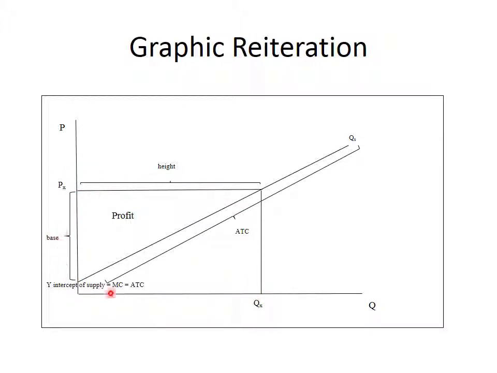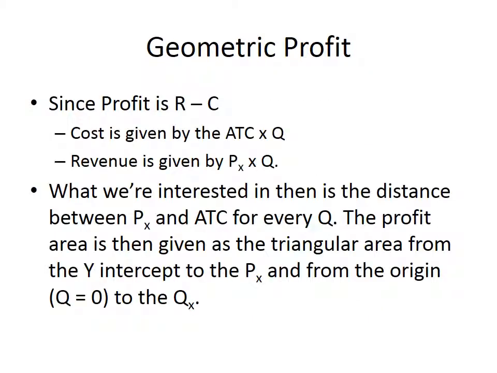Given that entire revenue, this is our cost, the area below the average total cost curve, below the supply curve. This is our total profit, the area above the supply curve, above our total cost curve. Now let's walk through how we figure that. Since profit is revenue minus cost, cost is given by the average total cost times the quantity.